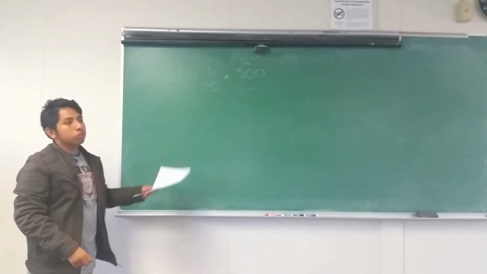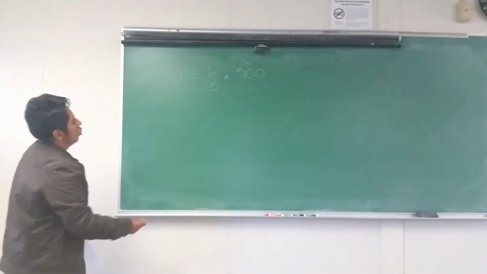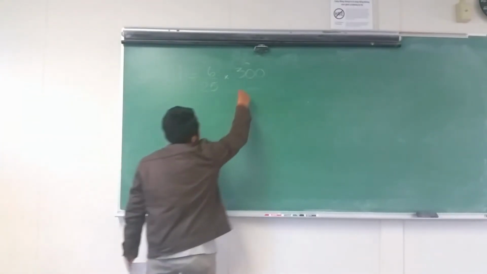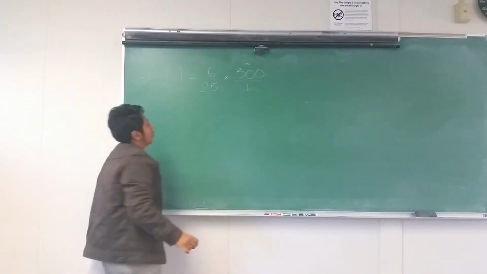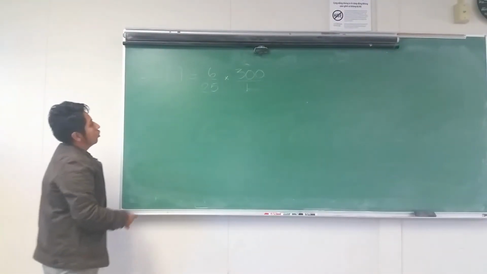In any case that you're missing the product, all you have to do is multiply those two numbers. Now, it has to be a fraction, so I'm going to write a 1 underneath here. Then I have to write everything as a product of prime numbers.